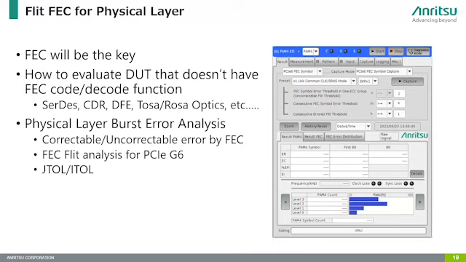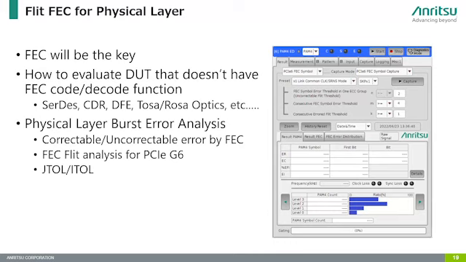However, when you characterize a chip or device such as a SerDes, clock data recovery, DFB, total loss, or optical components, they may not have a decoding function of forward error correction, but you still need to test whether the errors can be corrected or not.